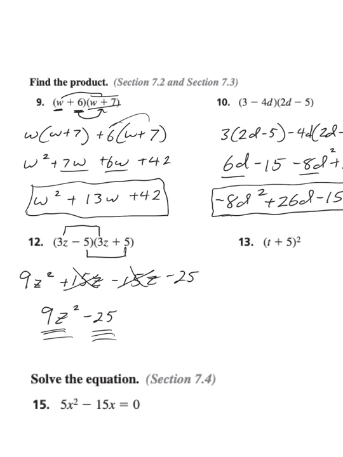13. I want to do that one with you to make sure that no one makes a mistake, but to write this one out, we have to first write it as t plus 5 times t plus 5. And there's a special pattern to this that we learned once, and I'm not sure if some of you already remember it. But let's go ahead and do FOIL. The first terms give t squared.